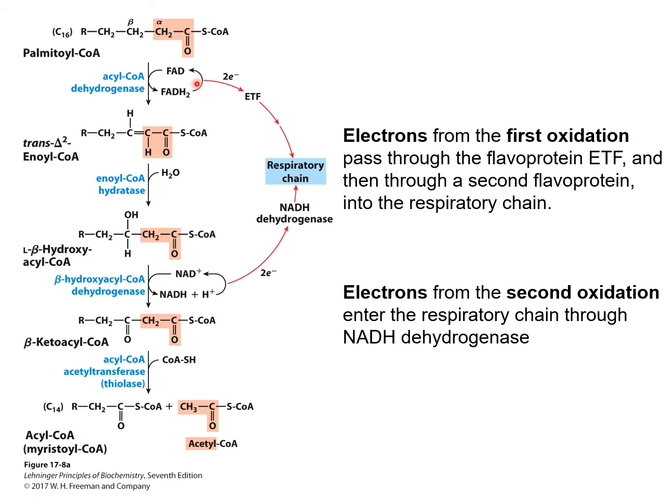If we take a closer look at the 2 oxidation reactions during these 4 steps, there is a generation of FADH2 and NADH and H+. The electrons pass through the electron transferring flavoprotein and then through another flavoprotein, which leads to the respiratory chain. NADH enters the respiratory chain via the action of an NADH dehydrogenase. So these actions replenish the pool of NAD and FAD.